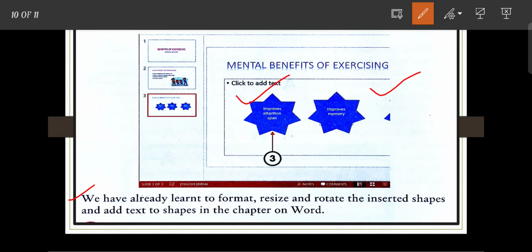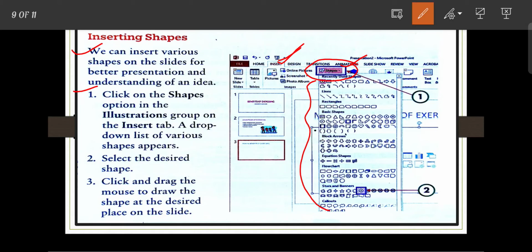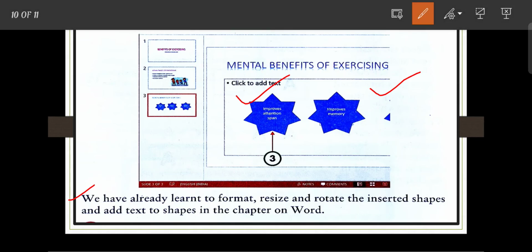Basically, click on the insert tab, then click on the shape option, and after clicking there are lots of shapes available from the drop down list and you need to select as per your requirement. Then click and drag the mouse pointer to draw the shape at the desired place on the slide. After that your shape will be inserted in the Microsoft PowerPoint presentation software.